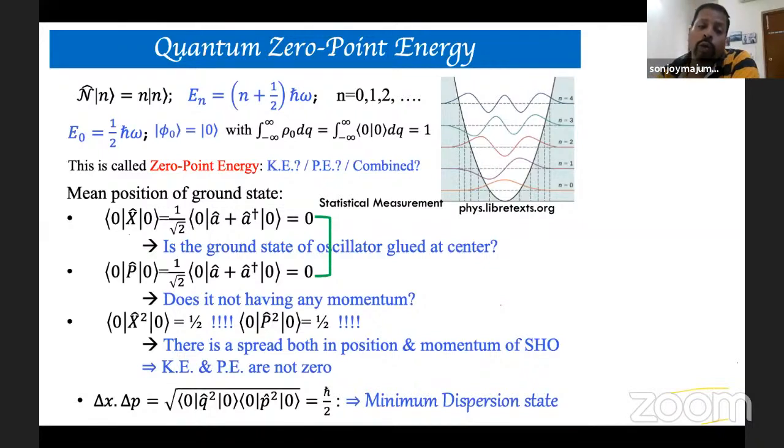That means if you want to squeeze the spread of the position below square root of h cross by 2, then you have to say that you don't bother about the measurement of the energy of the system. Like in the electron microscope, where we are trying to measure the position of the particle. We don't bother about what momentum or energy that particle has.